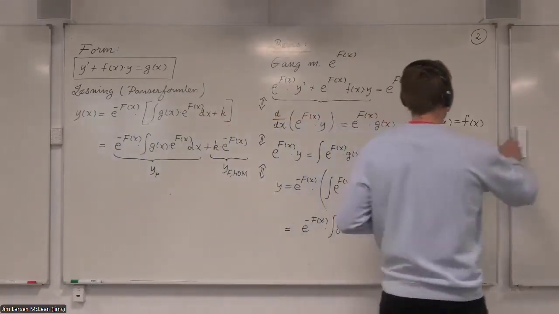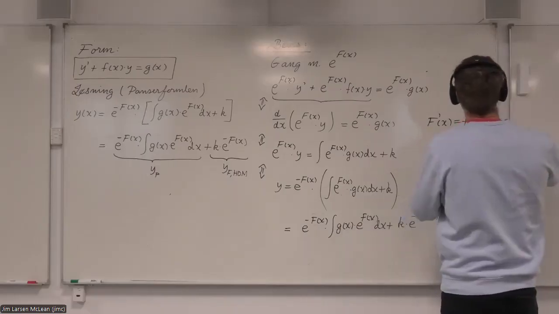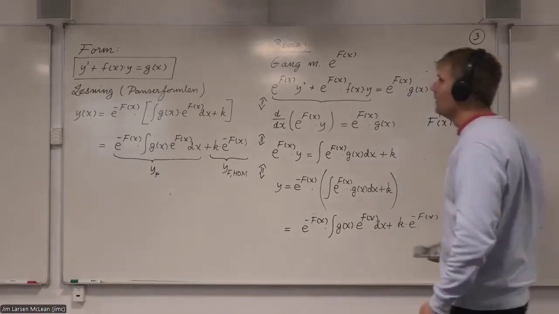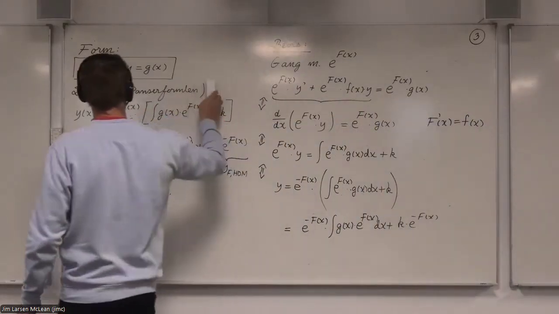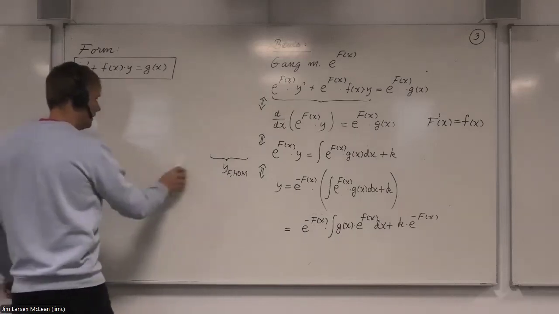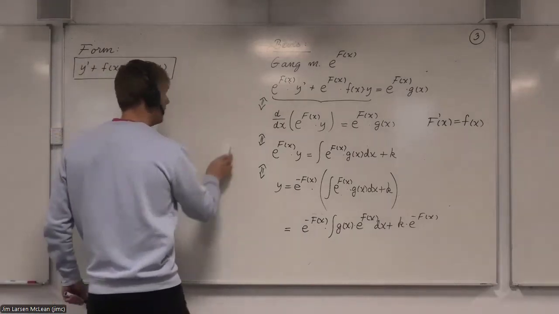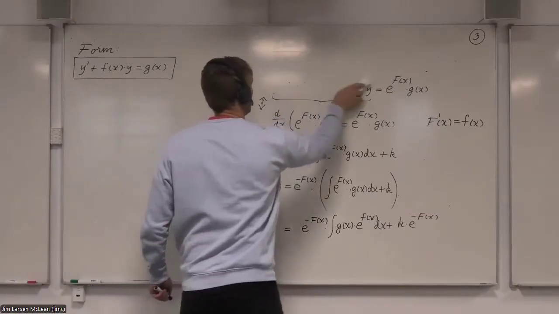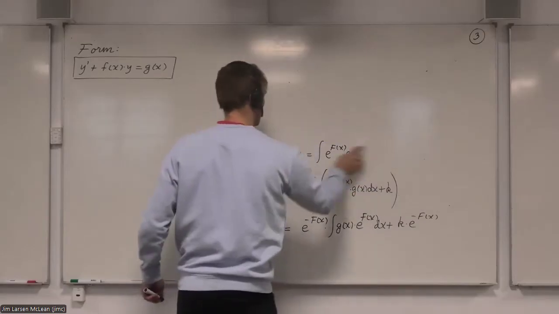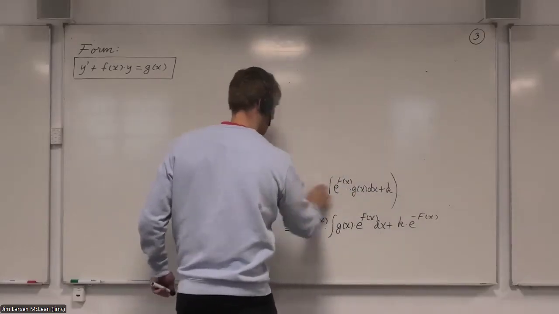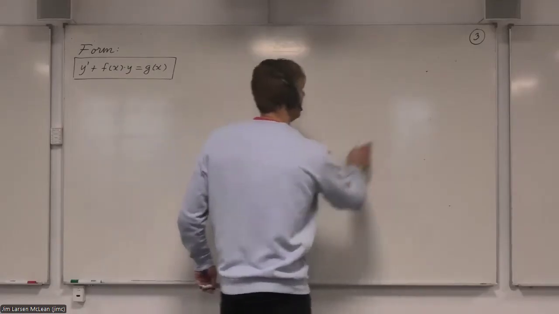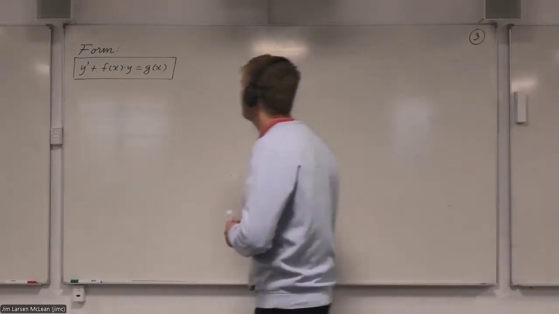On board number 3, so what if there is 0 over there?